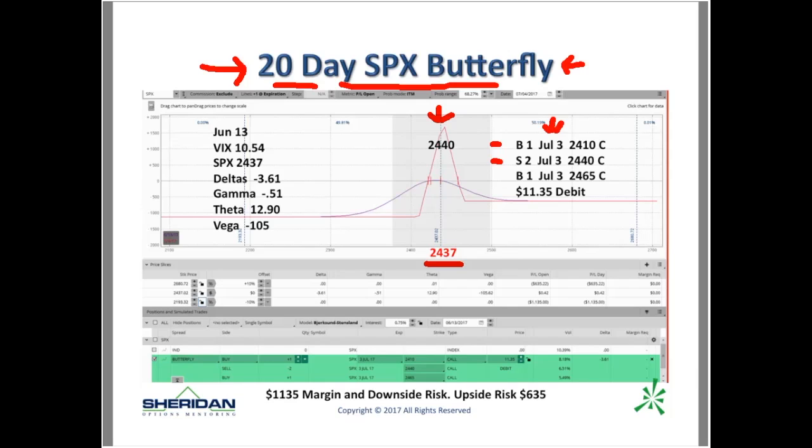So if this is where the underlying is, and this is the strike I'm selling, I'm buying one 24.10 call. This is going to be in the money by about 27 points. But I'm going to sell the closest strike at the money, two of them, and I'm going to buy one out of the money, the 24.65 strike.